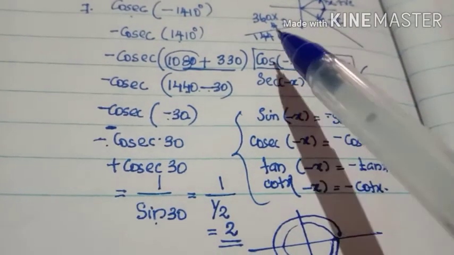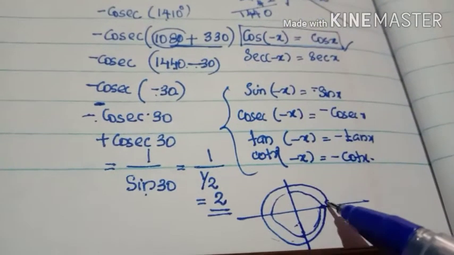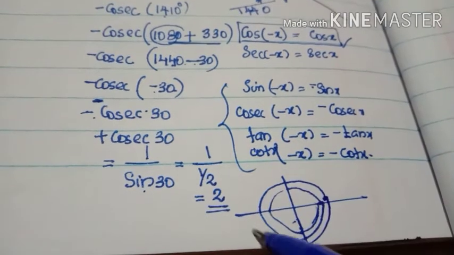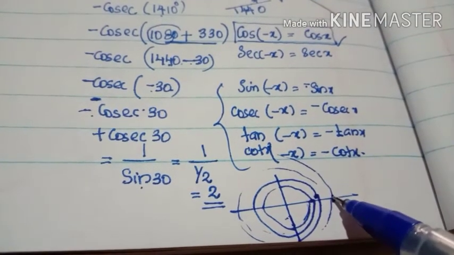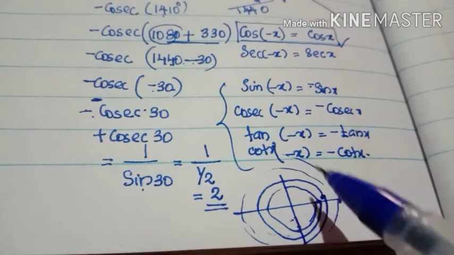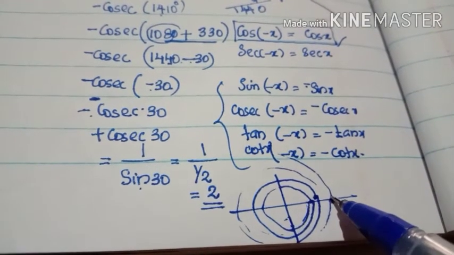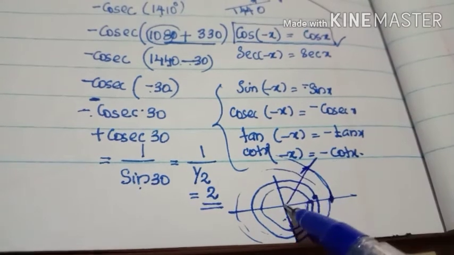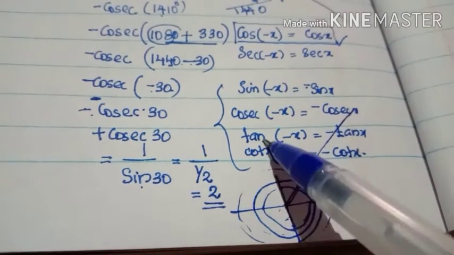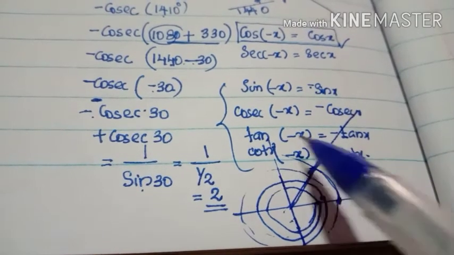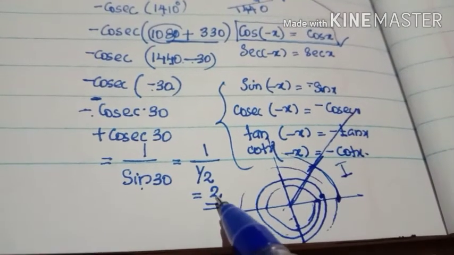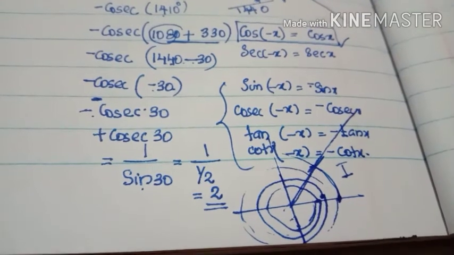How many times? 4 times. So 3, 4. Now minus 30 becomes move to here. So this belongs to the first quadrant. In the first quadrant, all the ratios are positive and therefore the answer is 2. Okay.